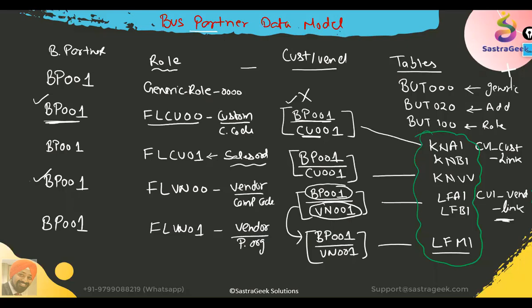In the material document, we have seen that the material document header and item have been combined together, giving us the single source of truth for the material document. Here it is not so. Your BUT000 would not have the data which is there in KNA1, KNB1. So KNA1, KNB1 still have a separate set of data, KNBB still has a separate set of data, and BUT000 is only storing generic data for your business partner.